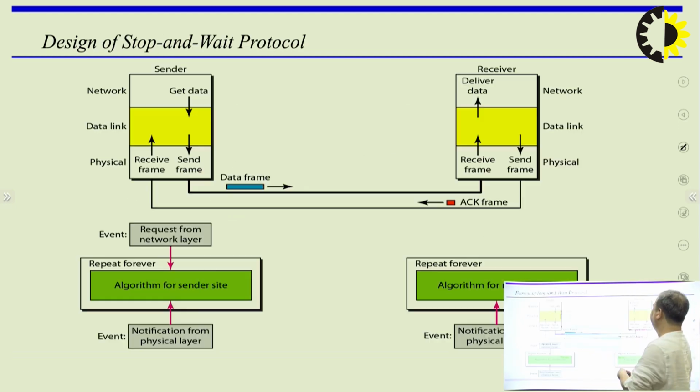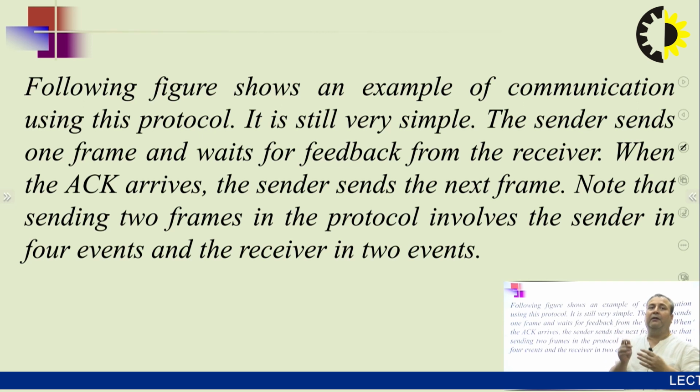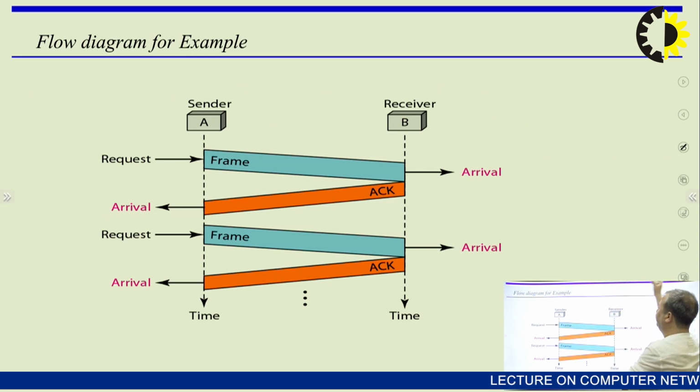So in stop and wait, as the name suggests, stop and wait. The sender will not send the next frame until the acknowledgement of the previous frame is received. Here, this is the flow diagram.